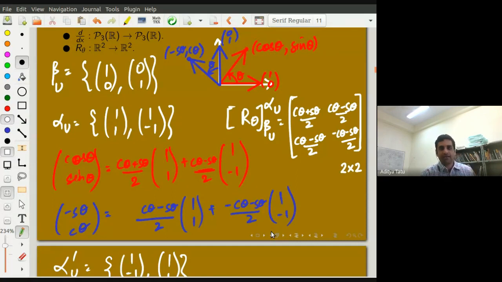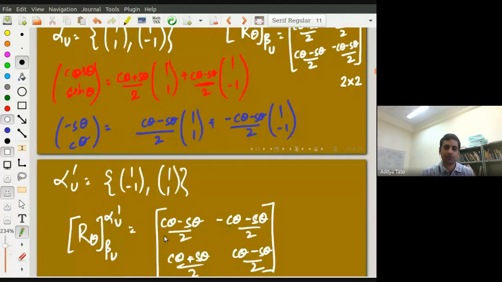One is, can we find a relation between two matrices that represent the same linear transformation? For example, in this case, alpha u has been changed to alpha u prime, and the matrix has changed. Here it is evident that all we have done is exchange the rows.